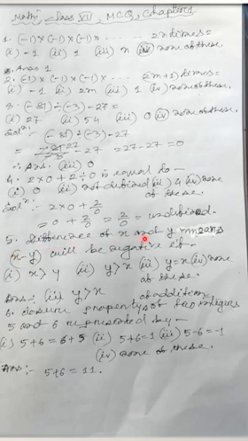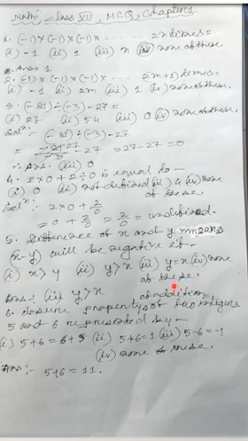Now come to question number 5. Difference between x and y means x minus y. I am showing here: difference between x and y means x minus y will be negative if x greater than y, y greater than x, x equal to y, and none of these.